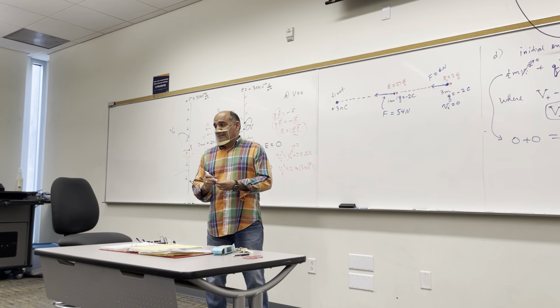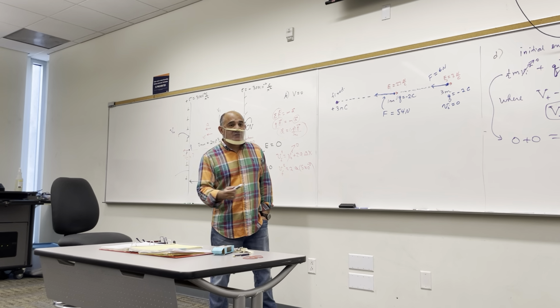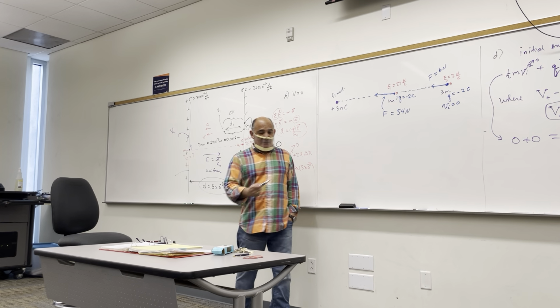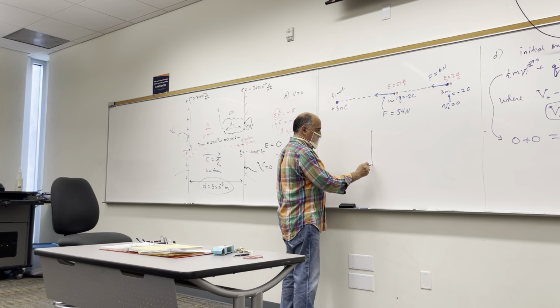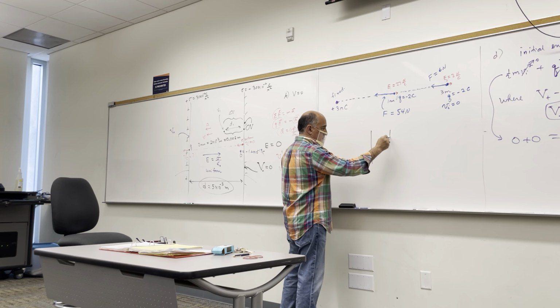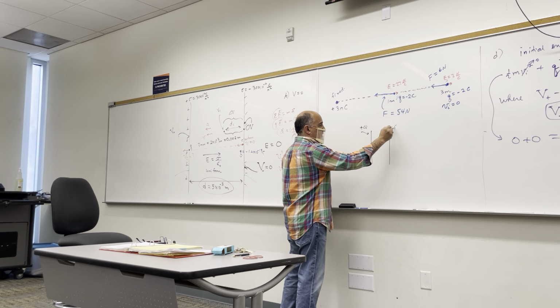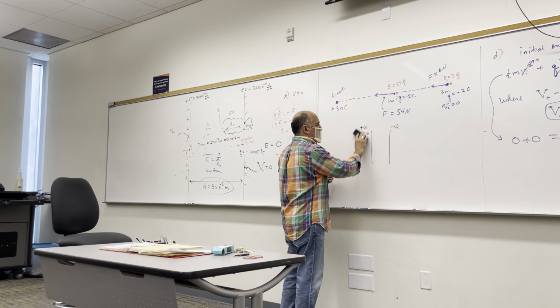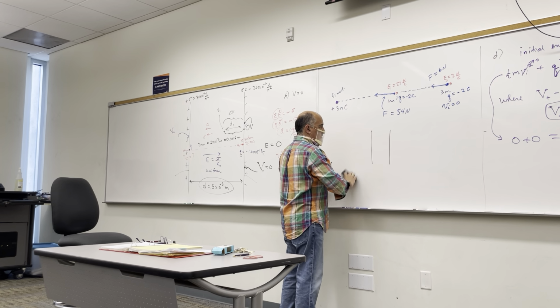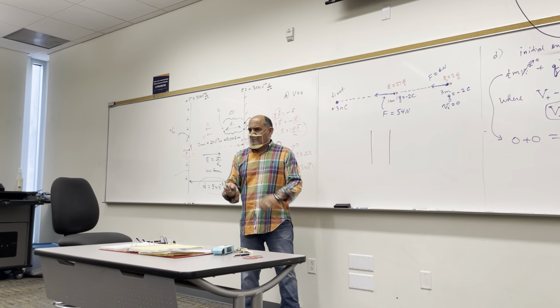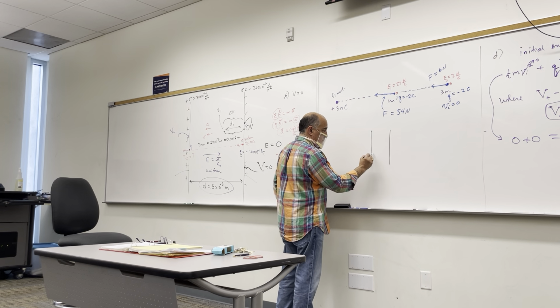In the next chapter, 24, we're going to consider one of these plates and the other plate, and you put, let's say, plus Q here and minus Q there. So two very large plates close together with vacuum in between.